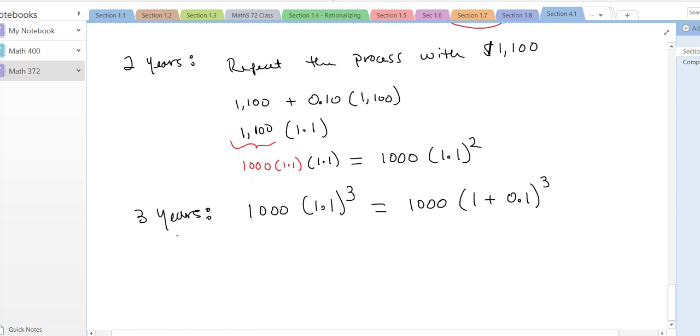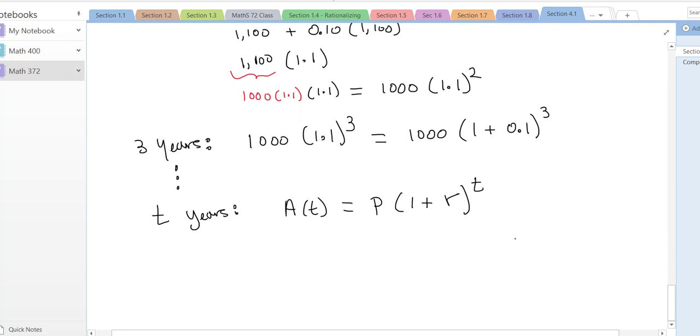You can continue repeating this process indefinitely. So after T years, our formula would be A of T, the amount, equals P, the principal, times 1 plus the interest rate R, to the number of years, T. 0.1 was the interest rate. And so this is where the compound interest formula comes in.